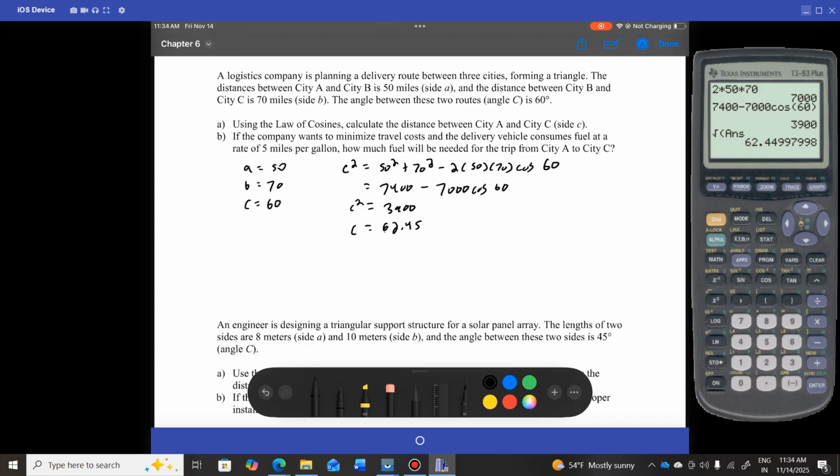Okay, so now we're going to multiply, that's how many miles? 62.44 times 1 gallon per 5 miles. Means when you divide this by 5, you'll be using 12.5 gallons.